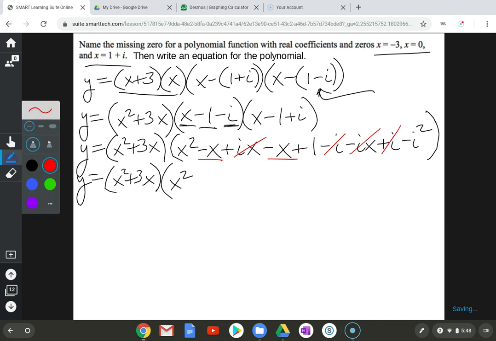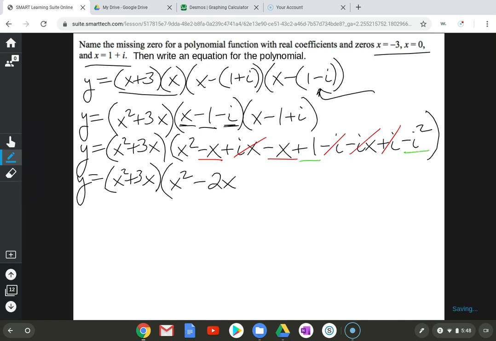So we end up with minus 2x, and then we have a plus 1, and we have a minus i squared. So what is minus i squared? This is minus -1, which is like another plus 1. So it's kind of like we have plus 1 plus 1. So we have plus 2.